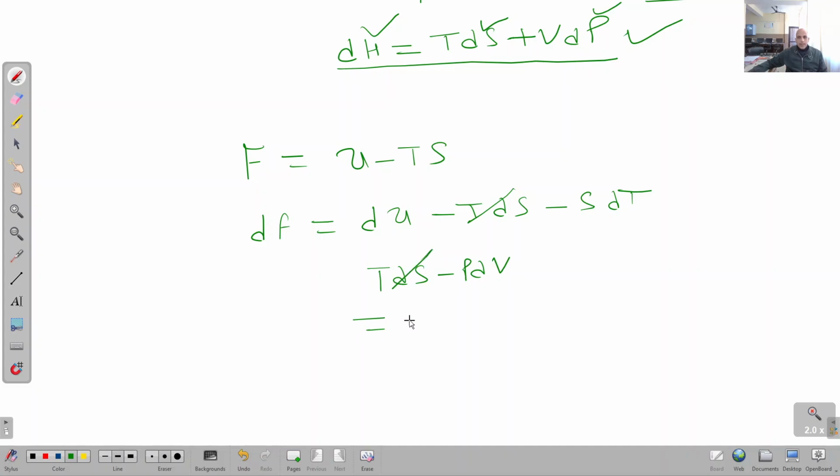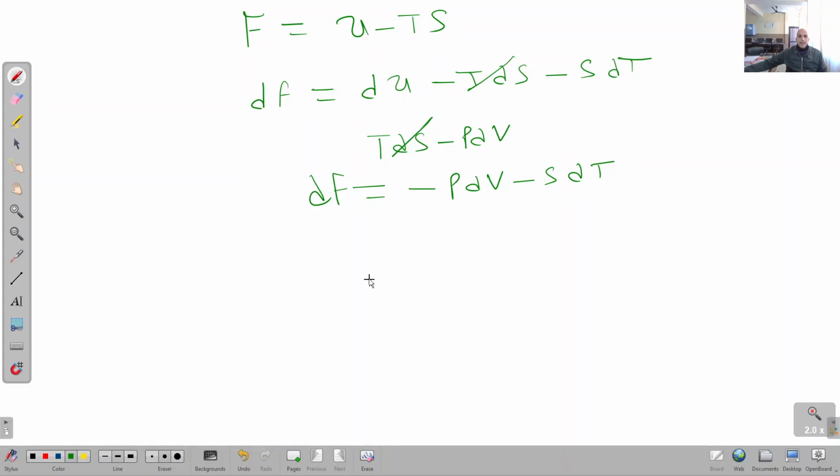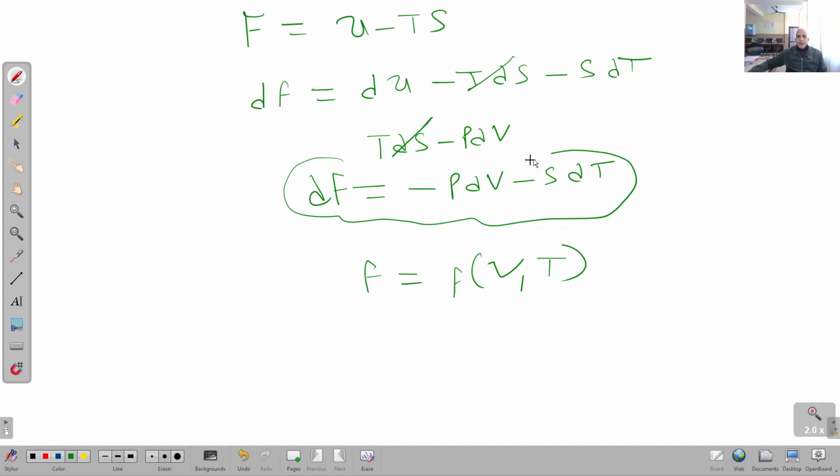You will get minus PdV minus SdT, right? dF. So it is clear here that F is a direct function of V comma T, right? And this equation is the differential form of this thermodynamic potential, that is Helmholtz free energy, right?